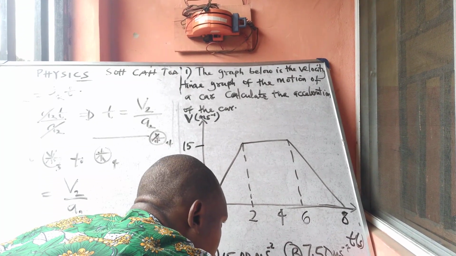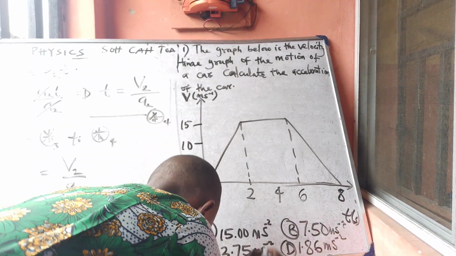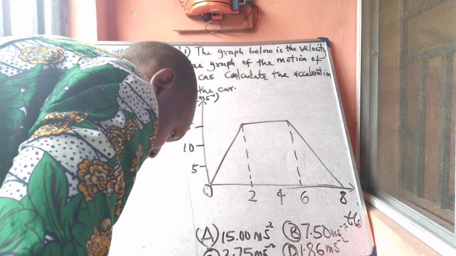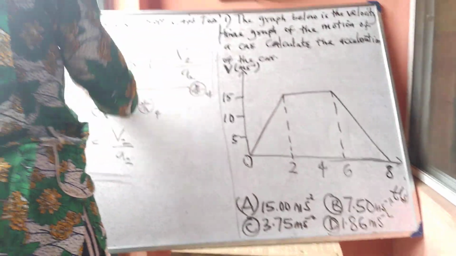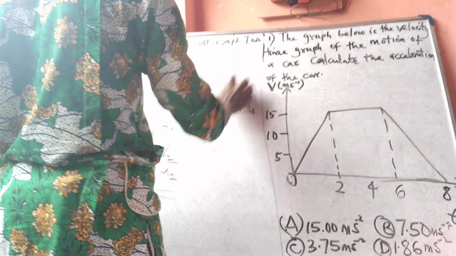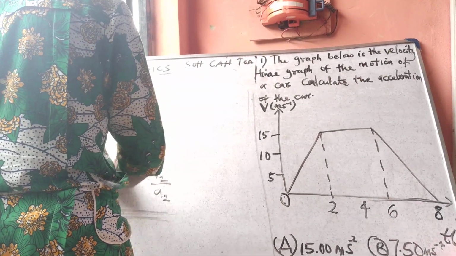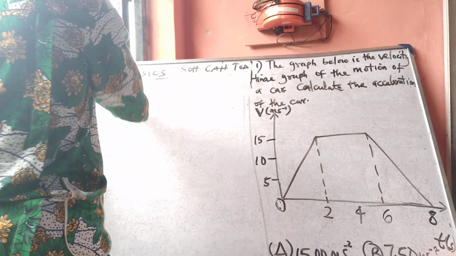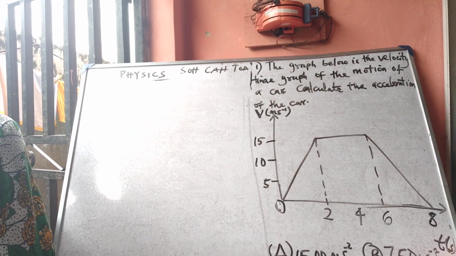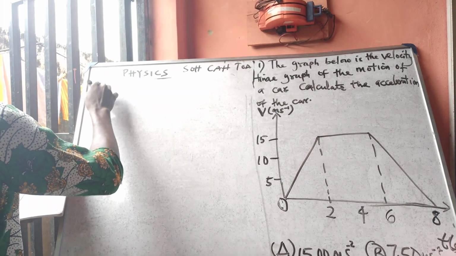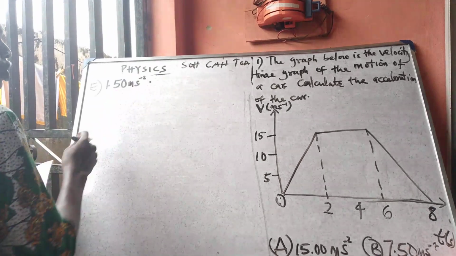D, 1.86 meters per second square. Then finally E, 1.50 meters per second square.